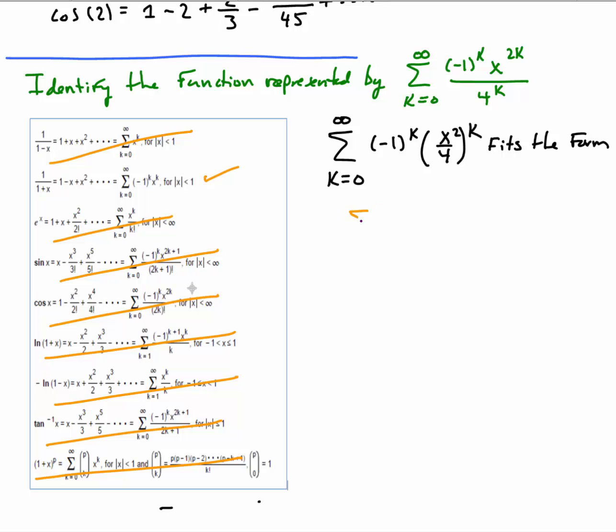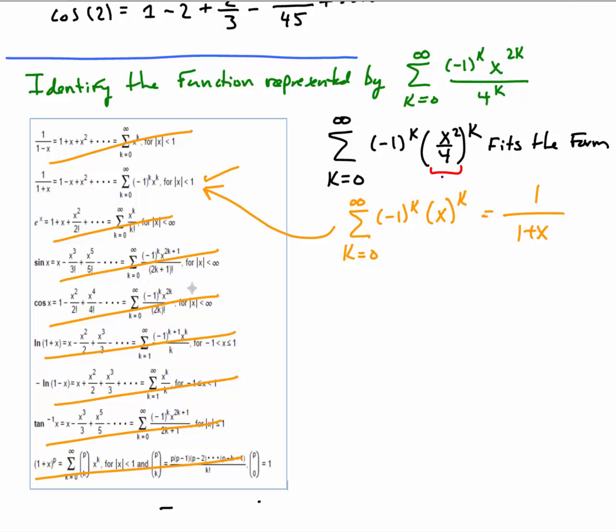So this fits the form, the sum from k equals 0 to infinity of (-1)^k x^k. Now this is equal to 1 over 1 plus x. Now the difference that we have here, and again I got that from right here, I'm going to pull this k out front so we can see that very clearly.